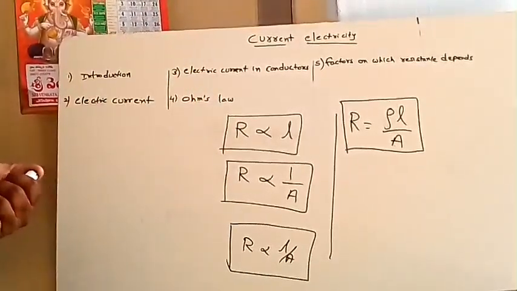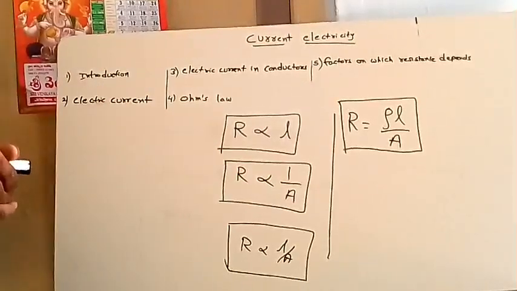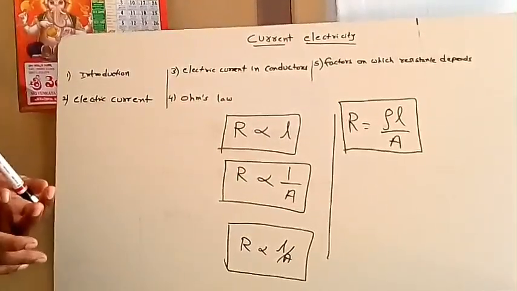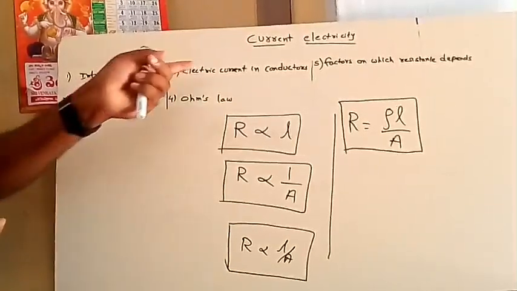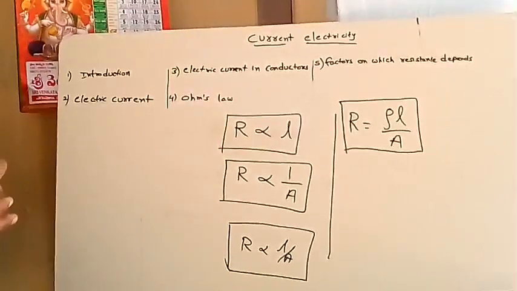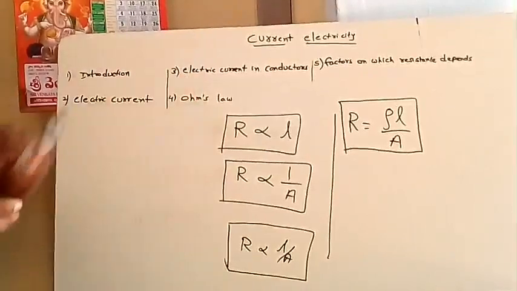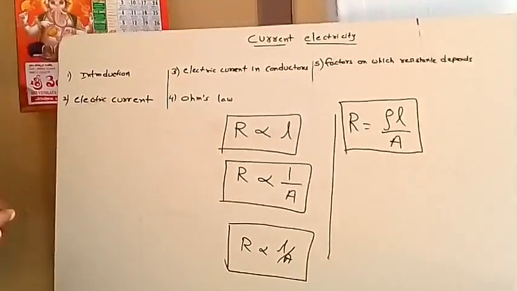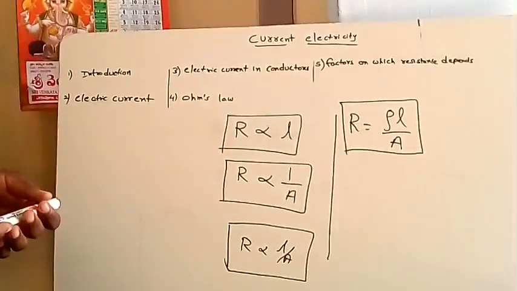Electric current is nothing but the ratio of charge to time. That means I is equal to Q by T. This electric current passes through conductors: in solids, free electrons are responsible, in liquids, positive and negative ions are responsible, and in gases, again ions are responsible.